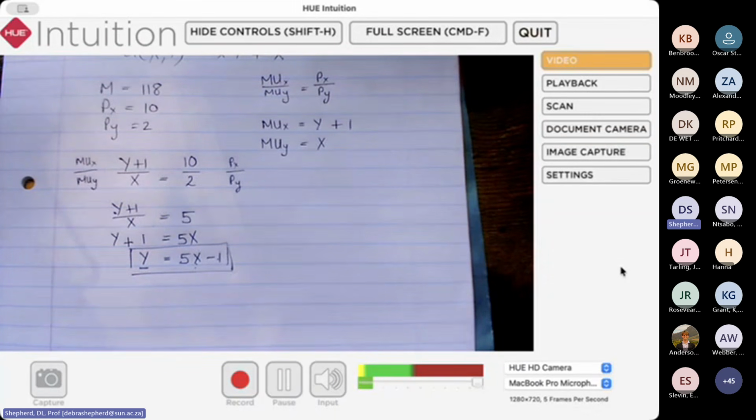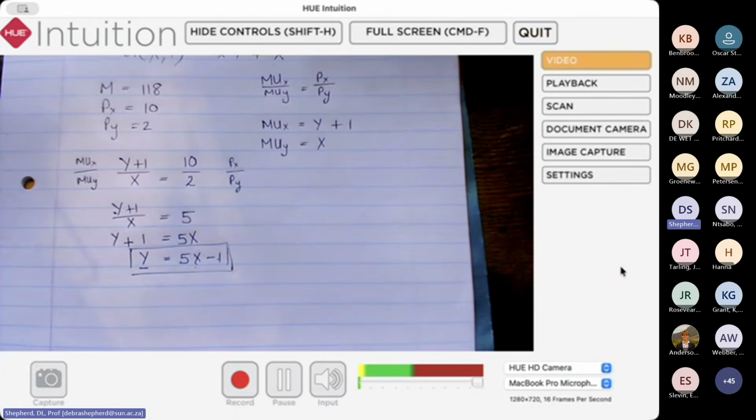So this is the one condition for the consumer equilibrium, MUX over MUY equals price X over price Y. The other condition is that the consumer must spend everything that they have in income to spend.